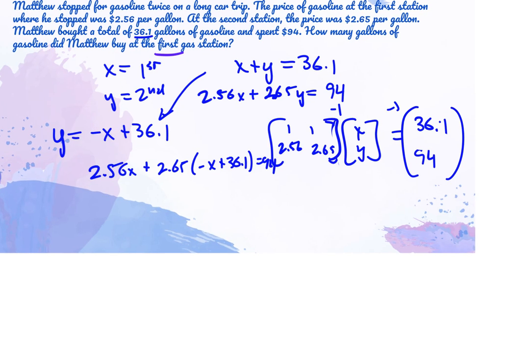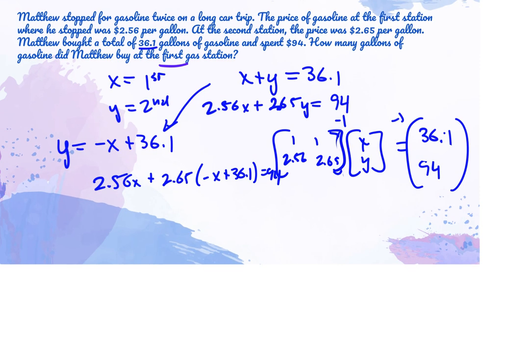So now do some calculator mashing. 2.56x plus 2.65 times negative x, plus 95.665 equals 94.